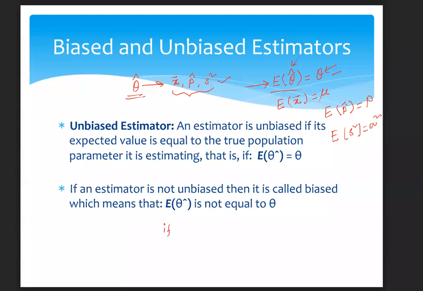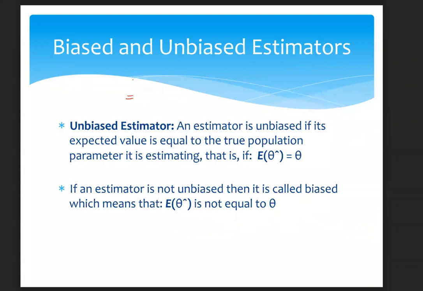If expected value of theta hat is not equal to theta, then theta hat is a biased estimator. All right. If expected value of theta hat is equal to theta, theta hat is considered an unbiased estimator, whereas if expected value of theta hat is not equal to theta, then it's called a biased estimator.